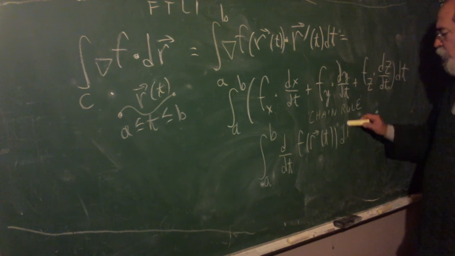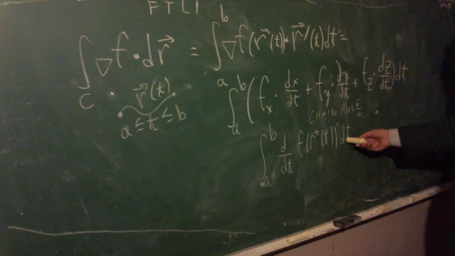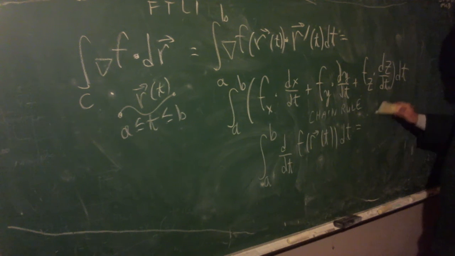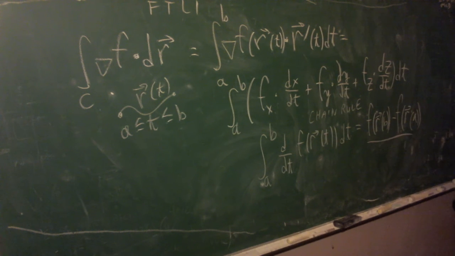Well, if you're going to do the derivative with respect to t and then integrate with respect to t, these two undo each other. So that's Fundamental Theorem of Calculus part 1. So you end up with f of r of b minus f of r of a, which is the last part of the fundamental theorem for line integrals. So that's not much of a proof.